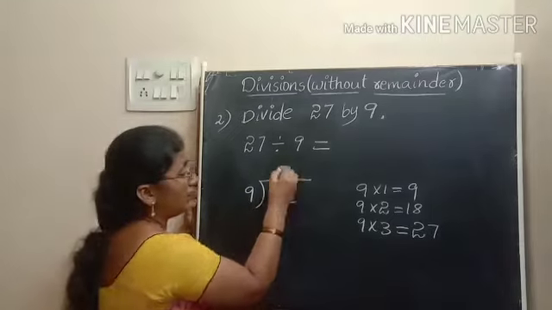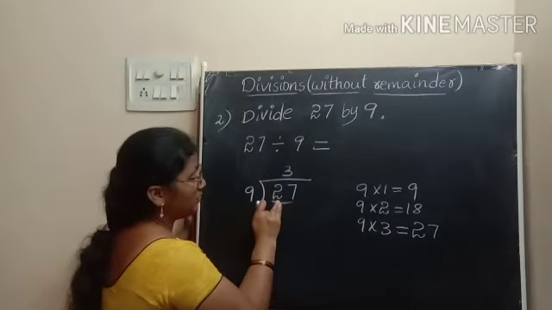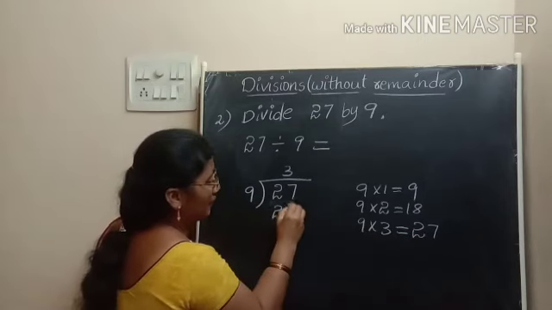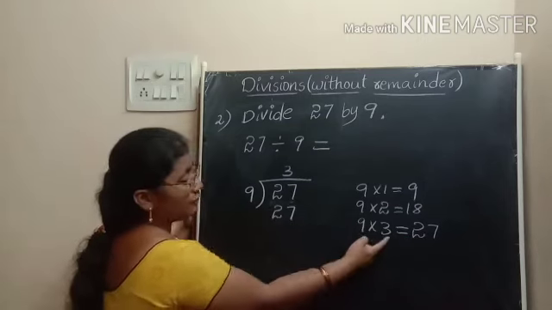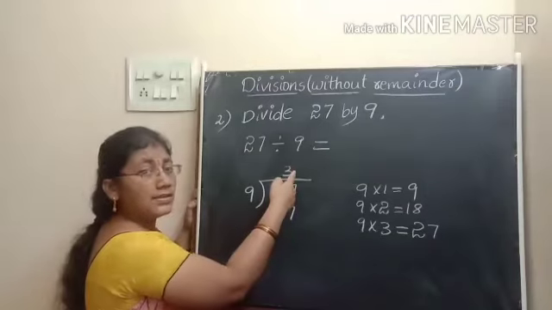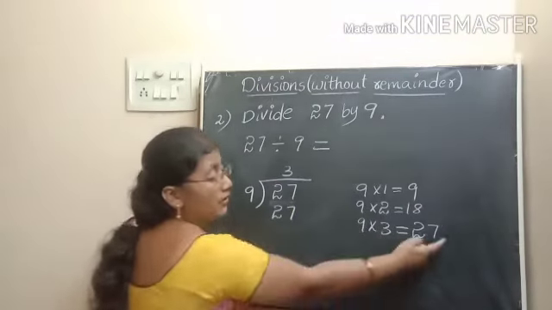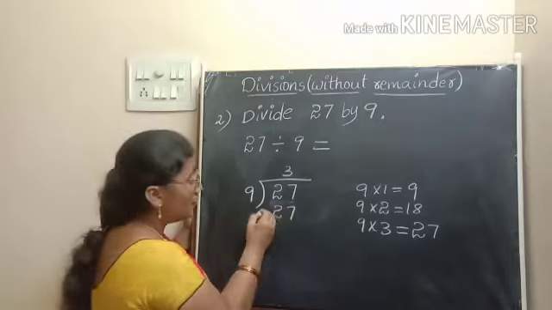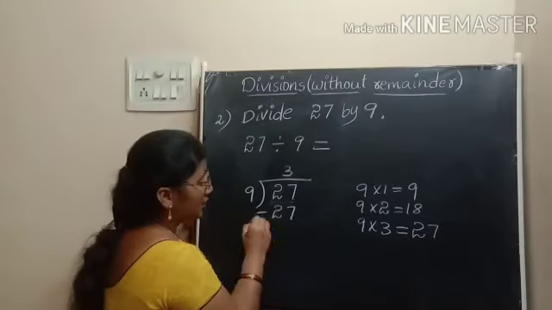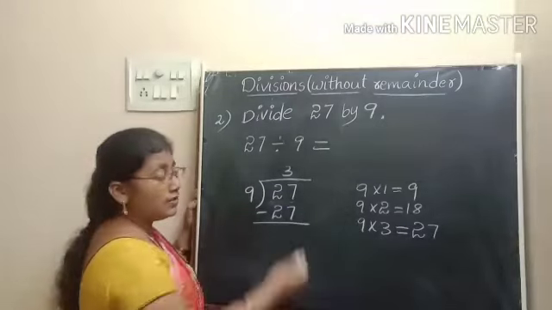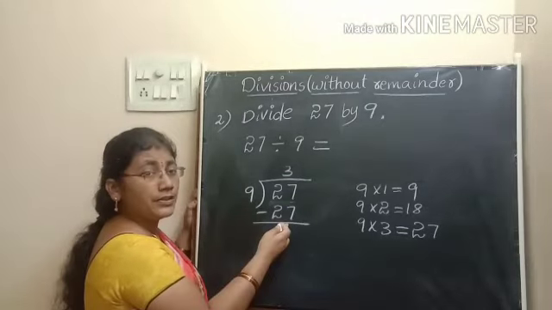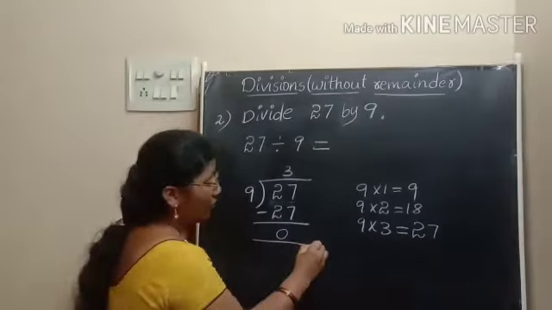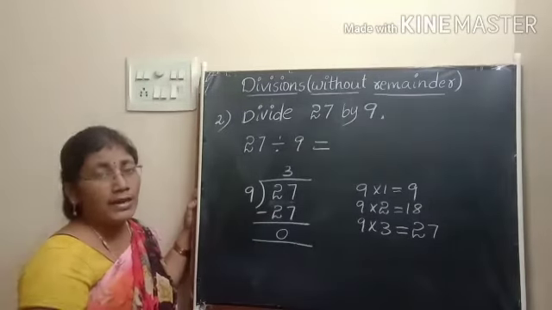So 3 times. 3 times means we have to write the step number here as a result, and we have to write the product below the dividend. Now we have to subtract these 2 lines. 27 minus 27. That is 0. So here also we don't have any remainder.